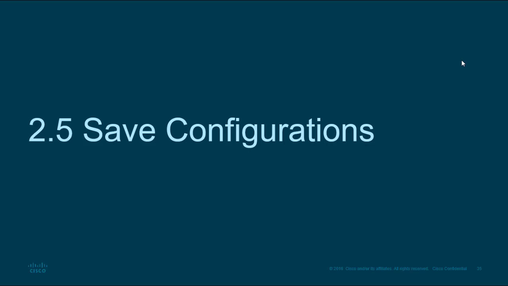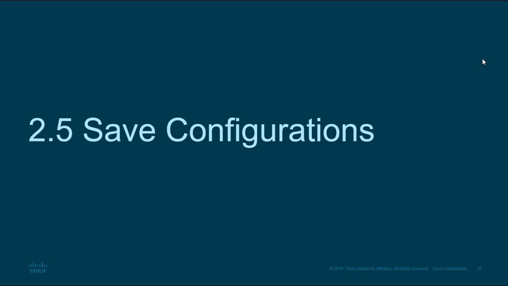This next section will show you how to save your configurations. Now, if you're used to working on, say, a Linux system, for example, one departure you're going to find here is that if you're working on these network devices, if you reload that device or it power cycles and you haven't saved the configuration, that configuration change that you made is going to get lost.